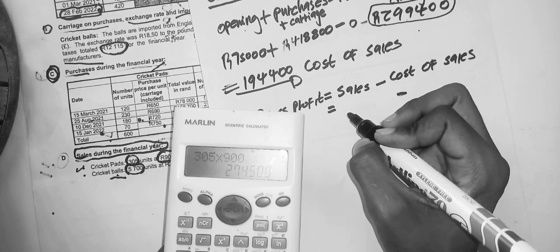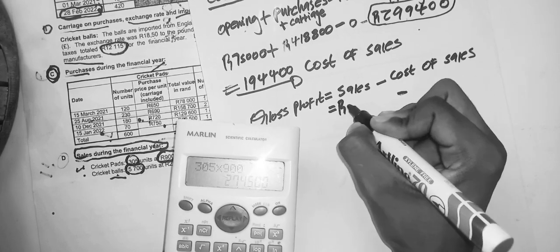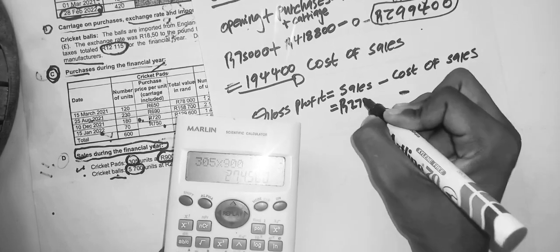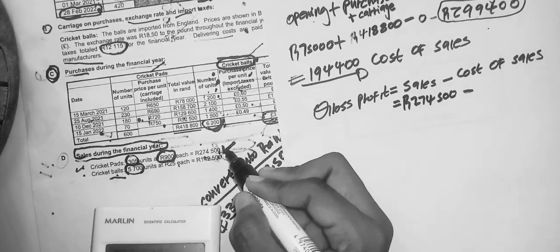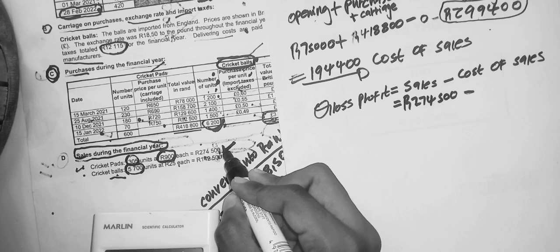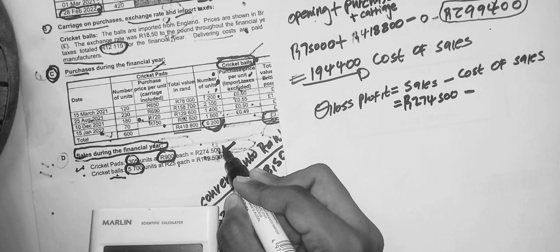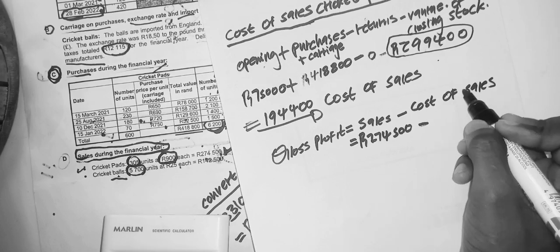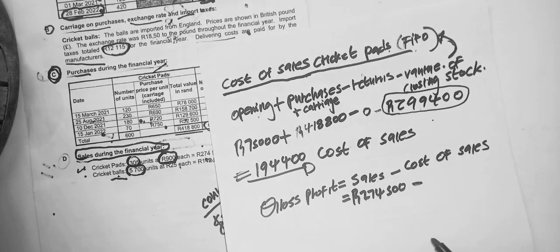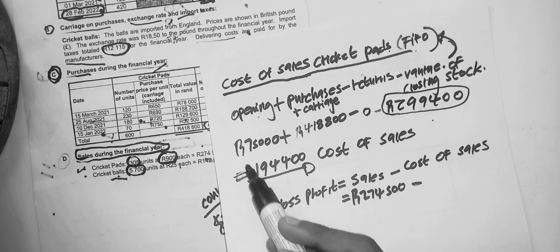We said is how much? Sales is 274,500. That's the one. Sales were almost given every time. So this is our sales, 274,500. We write it here. Minus our cost of sales. Remember guys, cost of sales, I already told you. That's the one we calculated here.